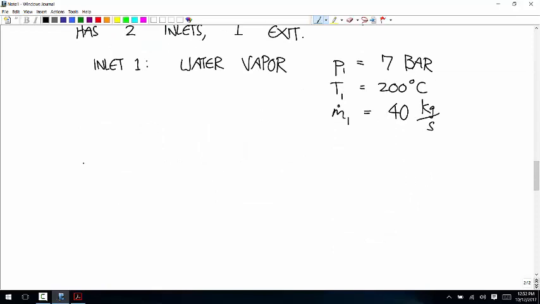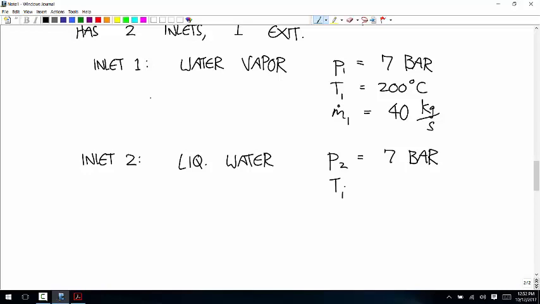At the second inlet, we have liquid water and a different set of things that we know. So we know that P2 has the same pressure, 7 bar. The temperature is 40 degrees Celsius.